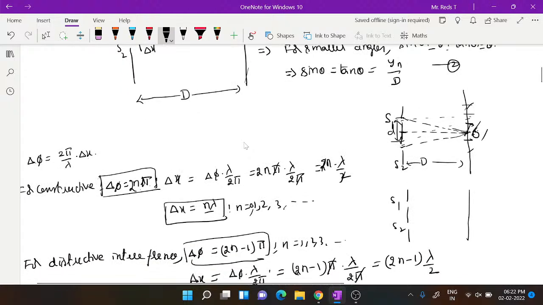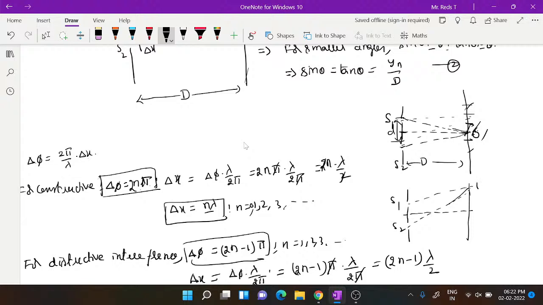Now, this is the line drawn from the midpoint of the slits onto the screen. If a light wave is traveling from here to here and here to here, and they meet here, the light rays traveling from here to here and here to here may travel the same path length, but here to here, if you observe, it looks like it has a larger path length.